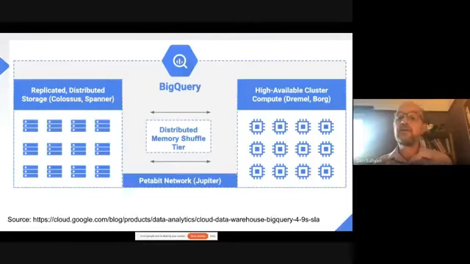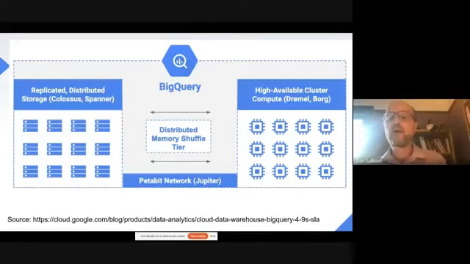Now, on the compute side, there's really two important components. There's Dremel, and Dremel is a software system which manages a cluster of servers and is responsible for executing SQL queries. So Dremel's really the thing that creates a job that is then executed and managed by Borg. And Borg is the predecessor of Kubernetes, so it's like a job scheduler, and it manages the resources.